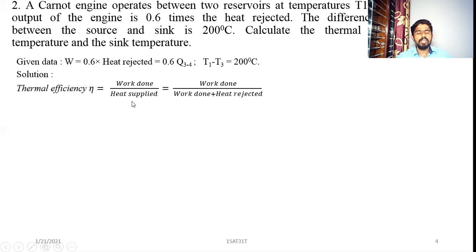So again efficiency is equal to work done divided by heat supplied. Work done is equal to 0.6 Q34 as already given, divided by work done, the same value 0.6 Q34, plus heat rejected, that is Q34. Q34 is common here, so ultimately what remains is 0.6 divided by 0.6 plus 1, that is 1.6.